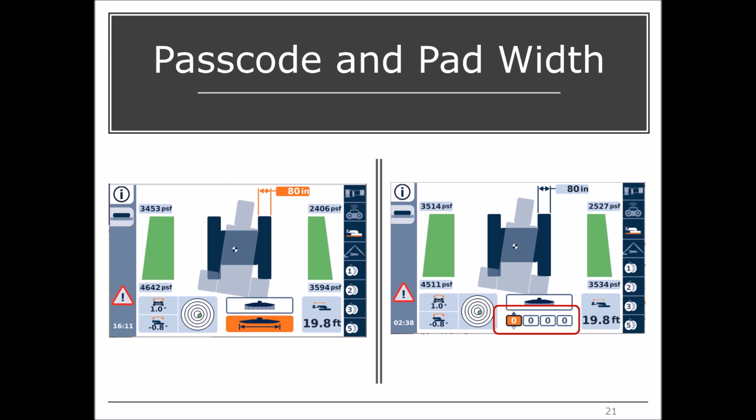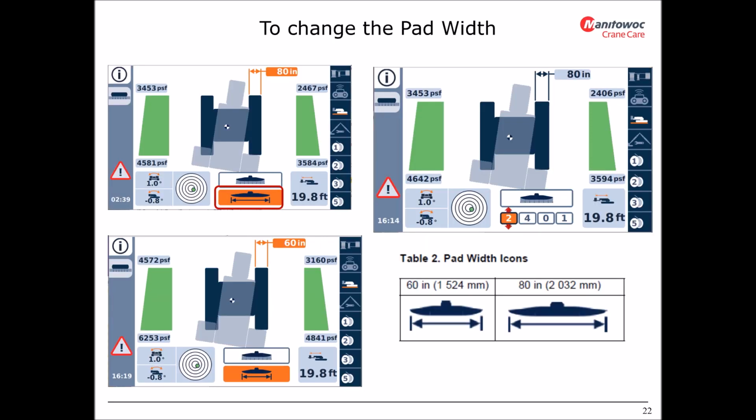Pad width selection box. To change the pad width, a password is required. To enter the passcode, go to the selection boxes and enter the passcode 2401 to change the pad width. Using the jog dial or the scroll keys, highlight the pad width selection box. Press the OK key. The passcode boxes will appear with up and down arrows at the first digit.